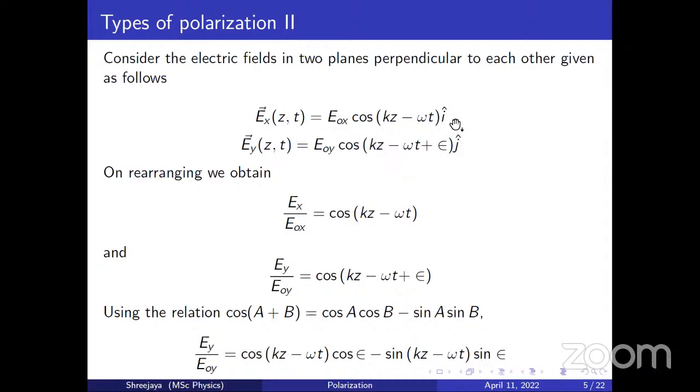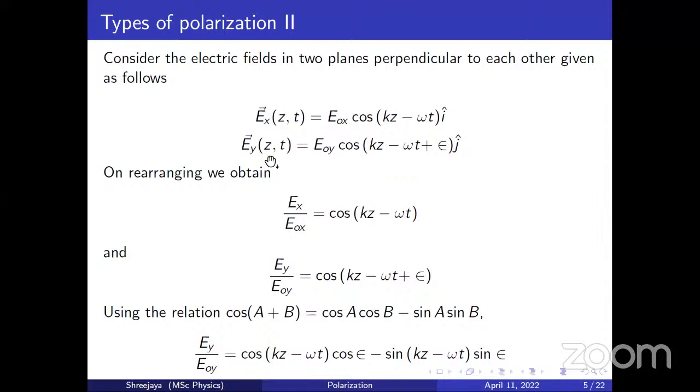You can see from the i hat and j hat, and E naught x is the amplitude of Ex, and E naught y is the amplitude of Ey, and they both are propagating along the z-axis. You can see here from the propagation vector, and epsilon is the phase difference between the two components.